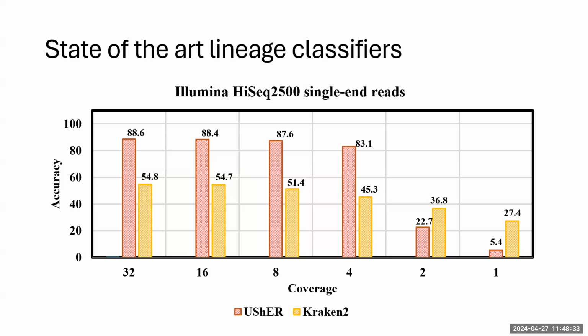So we tested Usher, which is a classifier for SARS-CoV-2. It performed very, very well when it was pitted against high coverage levels. But as we reduced the coverage level, we saw that the accuracy was affected very much.